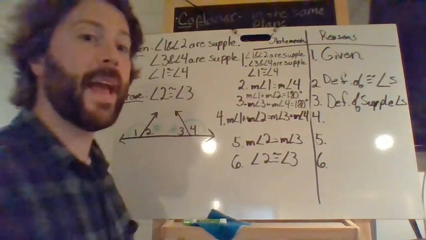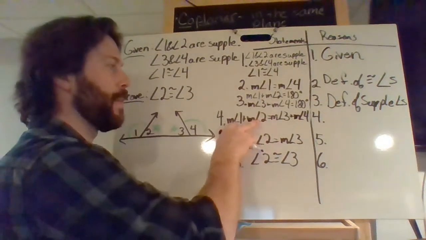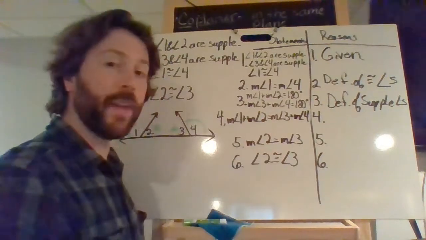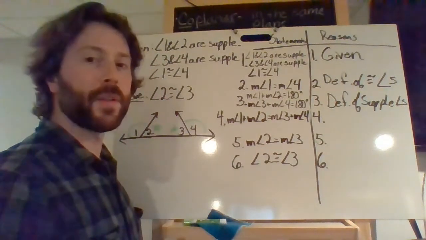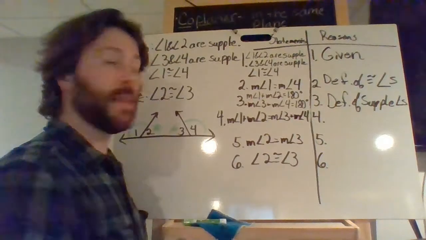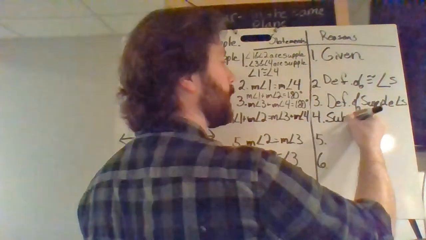Supplementary angles add up to 180 degrees. That's the definition. So now I have the measure of angle 1 plus the measure of angle 2 equals the measure of angle 3 plus the measure of angle 4. This is really similar to the last one. They're both adding up to 180, so I can say that those two sums are equal to each other by the substitution property.